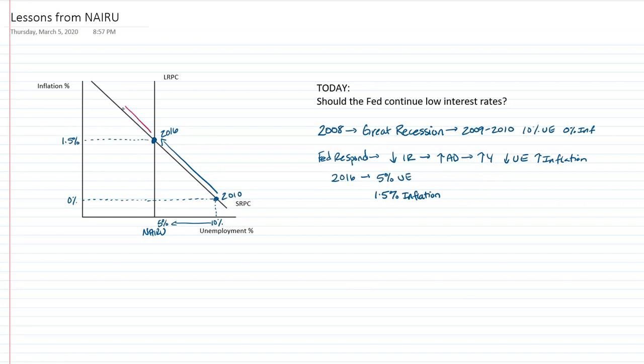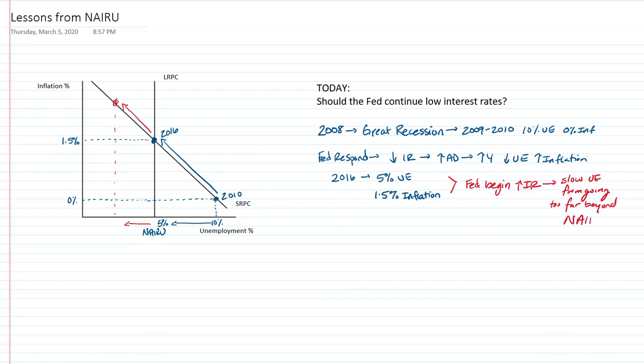And the fear, of course, is that continuing to push the unemployment rate down below that NAIRU level of 5% would at some point lead to a higher level of inflation. And so that's what we saw. By 2016, we saw the Fed begin to increase the interest rate. And by increasing the interest rate, they were hoping to keep unemployment from going too far beyond NAIRU.